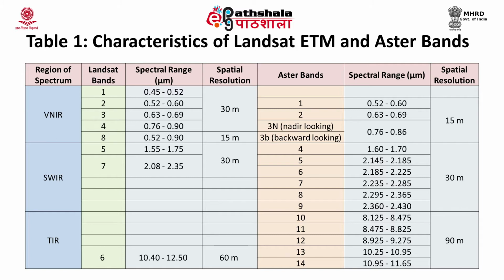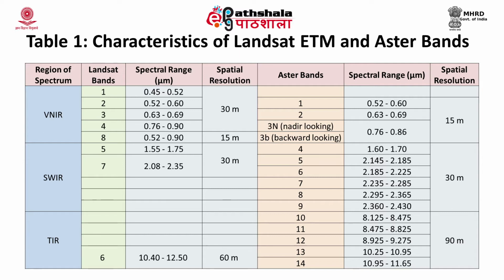In the Landsat you can see 1, 2, 3, 4 coming under VNIR, and band 8 also is coming under this visible and near infrared region, and from the spectral range 0.45 micron to 0.9 micron you can collect the information.